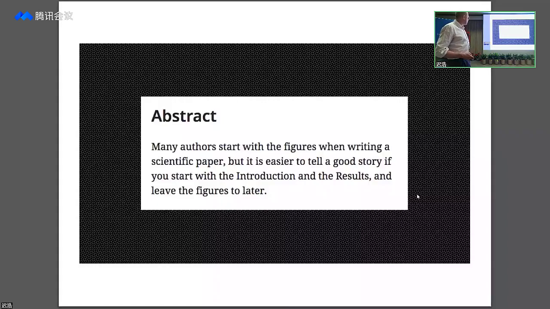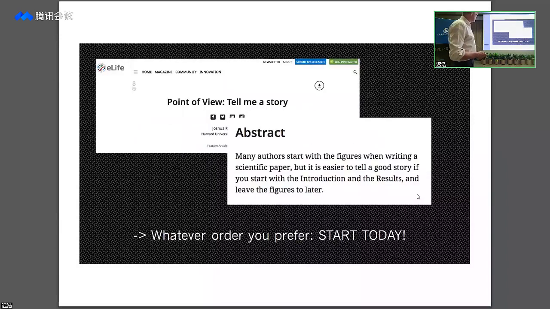Here I have told you that it's better to start with your results, because if you don't write your results first, you don't know what the storyline is, but have a look there and see if you agree with this. But whatever order you prefer to start, you have to start today with writing.